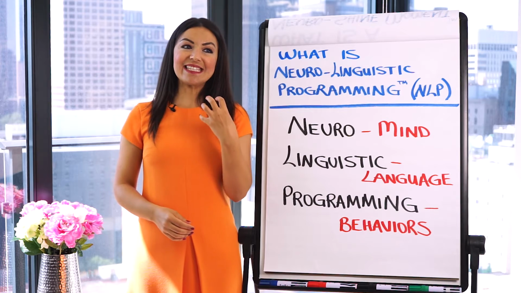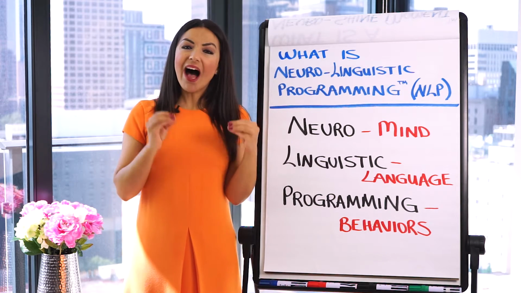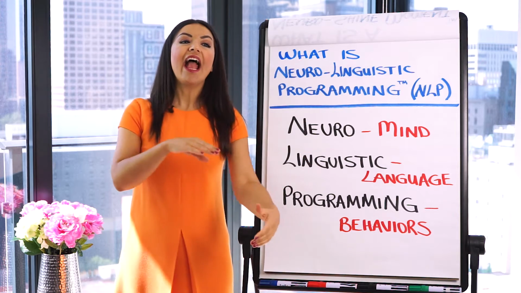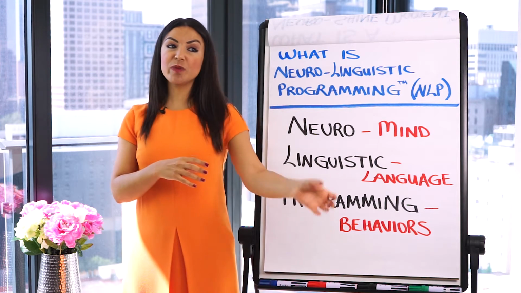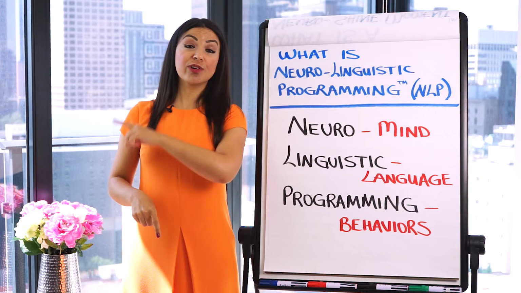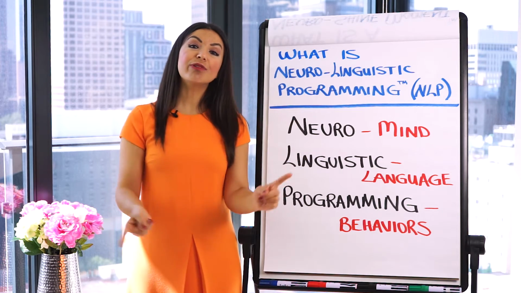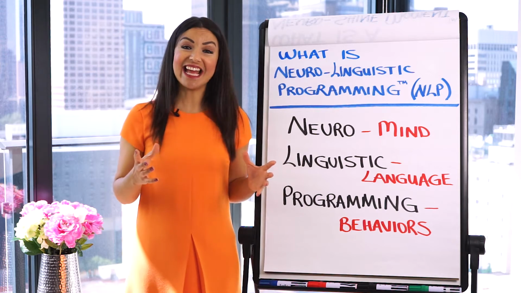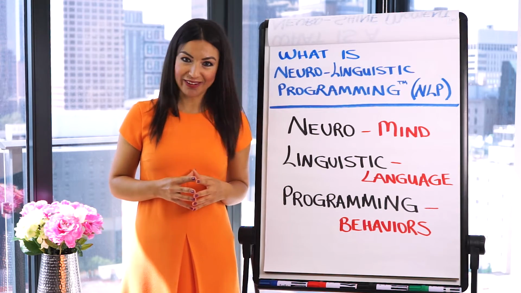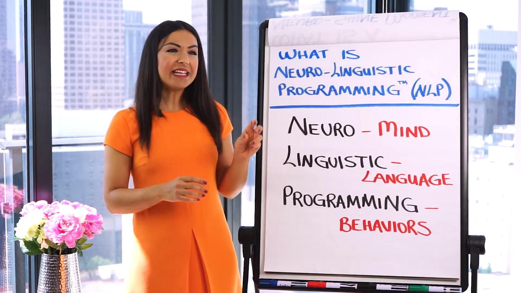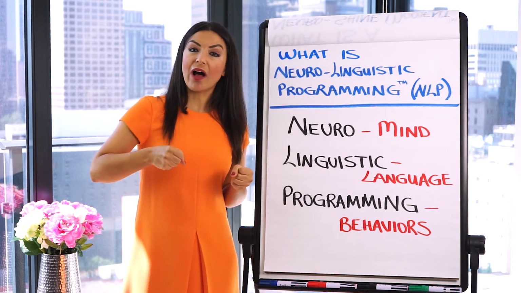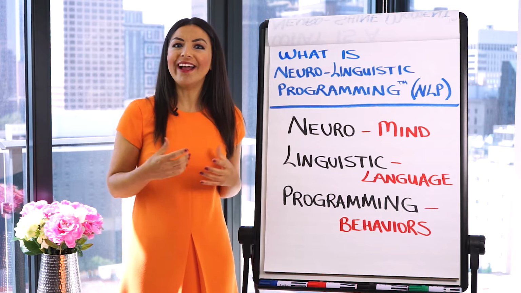Programming states that it is possible for you to see how your behaviors are, and as you study them, as you become aware of them, you can reverse engineer it and reprogram your behaviors and, in the end, create any change that you want. It's basically a practical psychology and your toolbox to become more and achieve more.